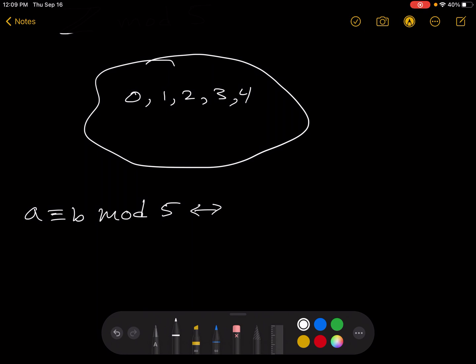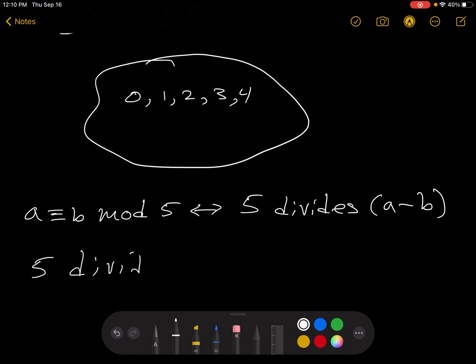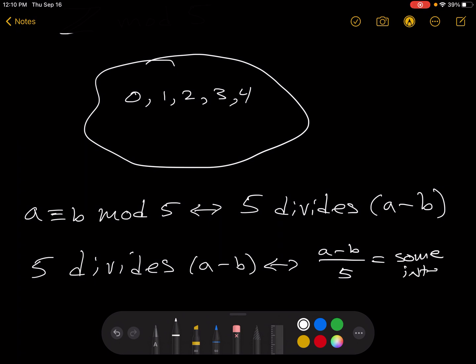I talked about this, that this is the same as saying that 5 divides A minus B. And remember what 5 divides A minus B means. 5 divides A minus B is really the same as saying that A minus B over 5 is equal to some integer.